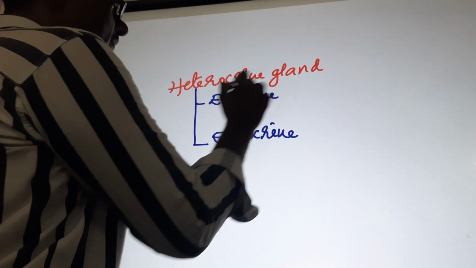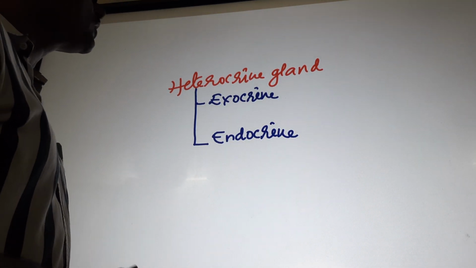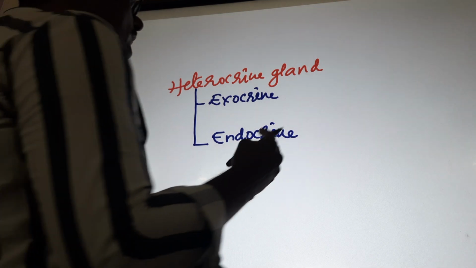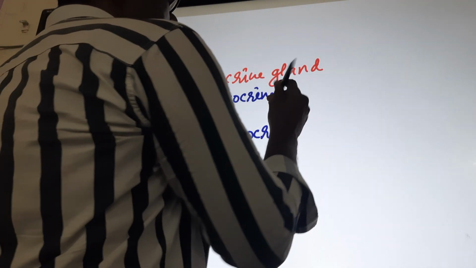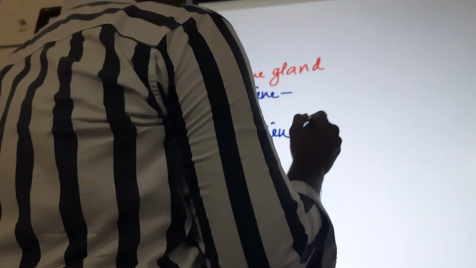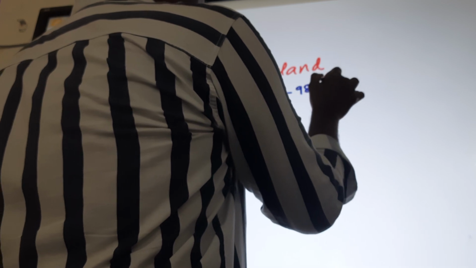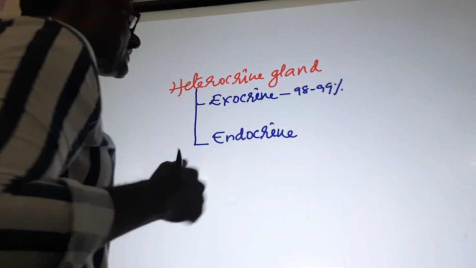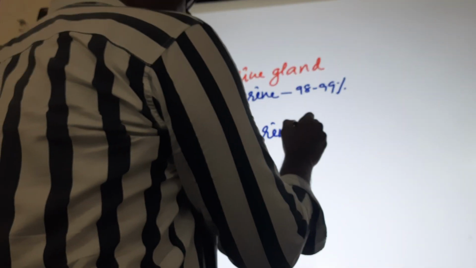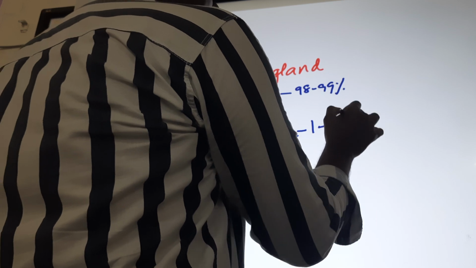Two parts are there, exocrine and endocrine portions. Exocrine portion, that is about a major portion, about 98 to 99% of the gland. The rest is endocrine portion, of course, 1 to 2%.